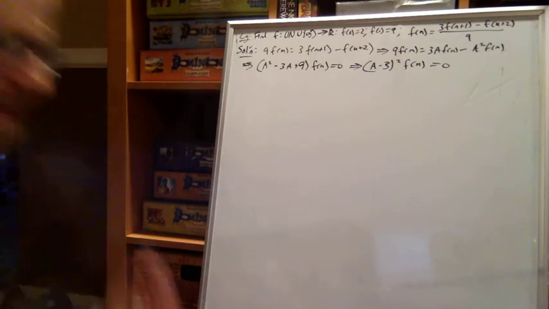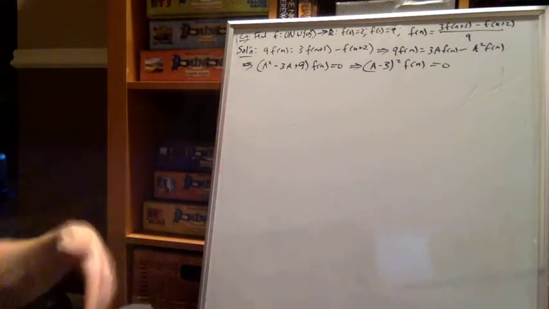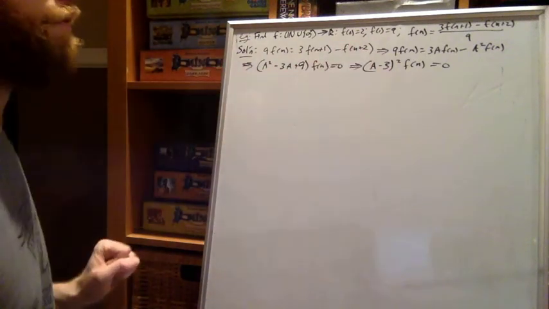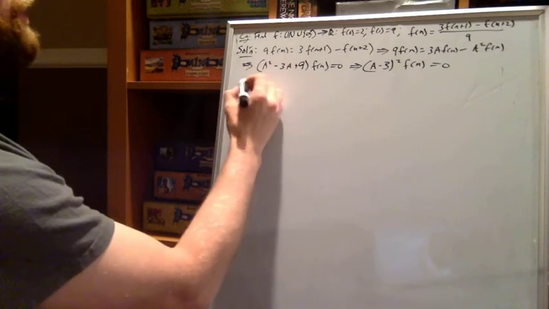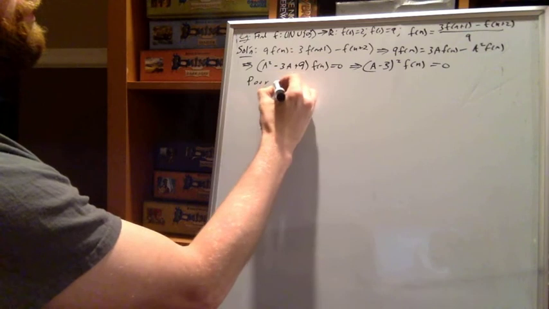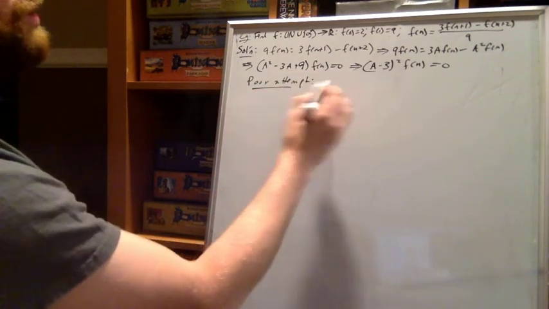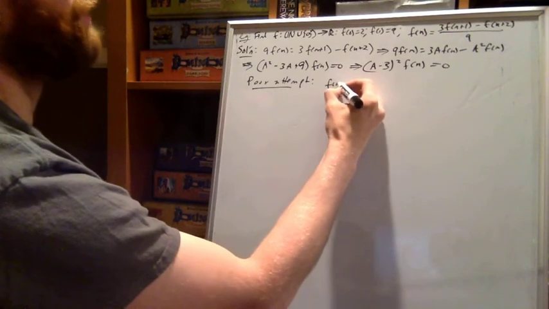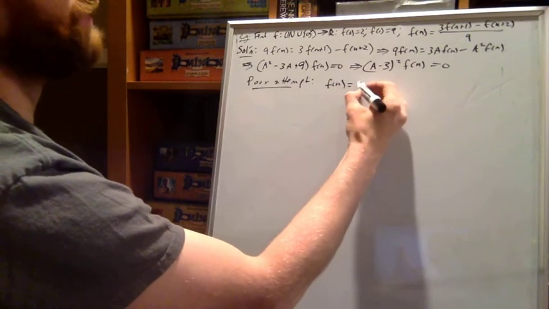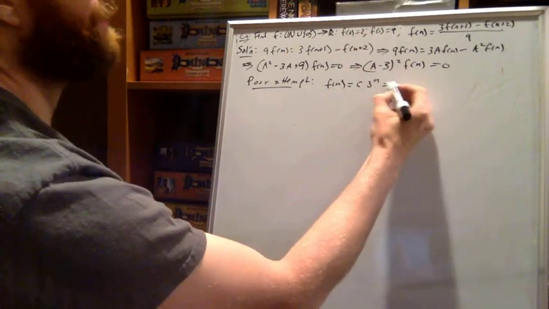Well, if I were to just attempt to say, okay, a minus 3 f of n, this is not going to work. But let's just pretend that we say, let's let f of n equal some constant times 3 to the n, and then we plug in our initial data.